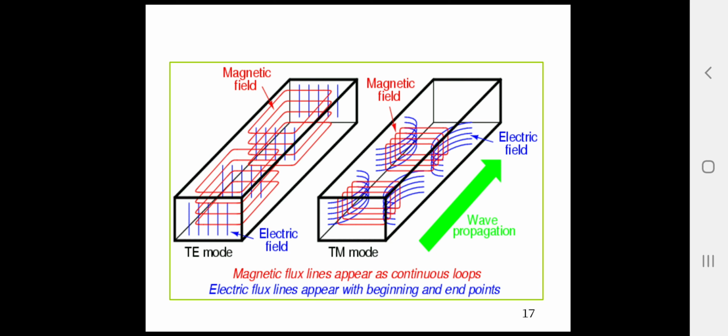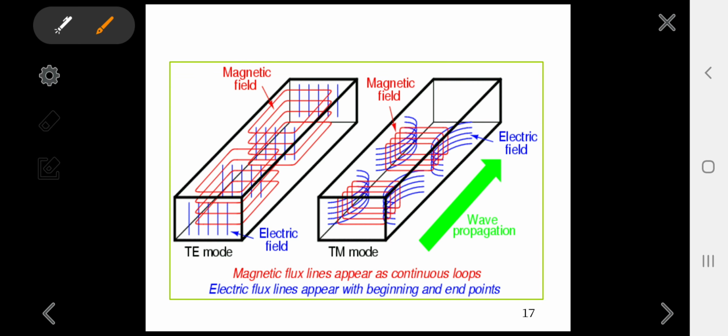So now come to what kind of field patterns are available for the transverse electric field TE mode, and what are the electric field patterns inside the TM mode. For the TE mode, you can easily see that your electric field, which is represented by the blue line, for the rectangular waveguide. This is an example of rectangular waveguide.